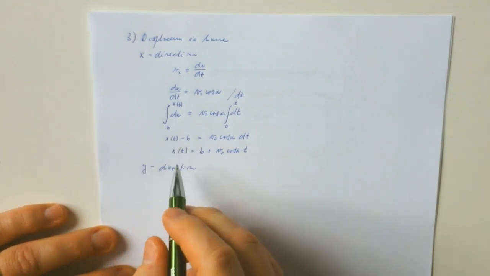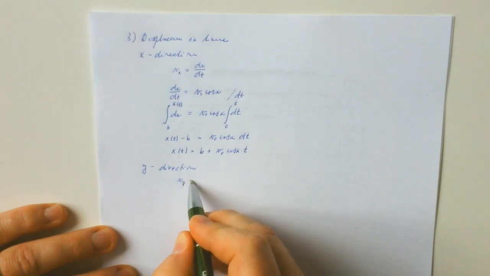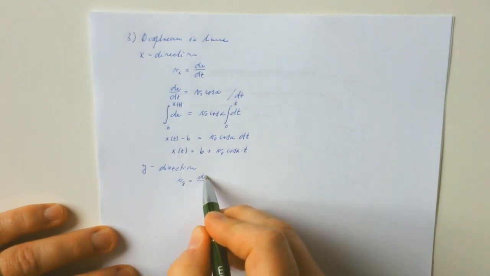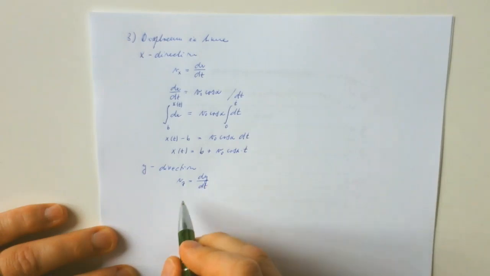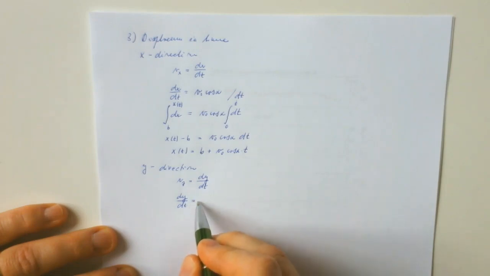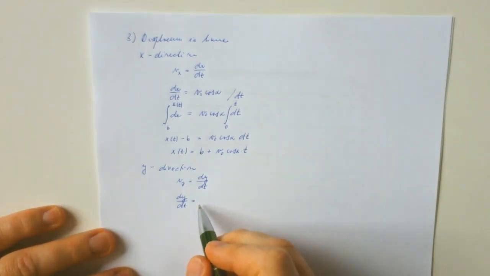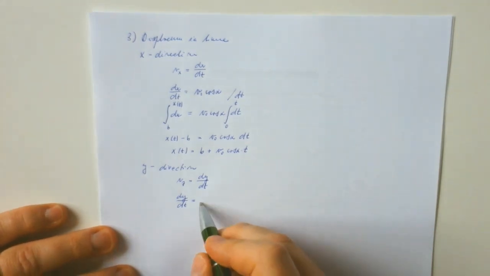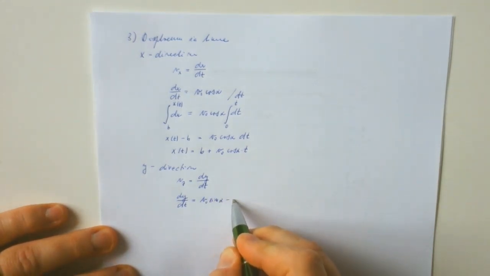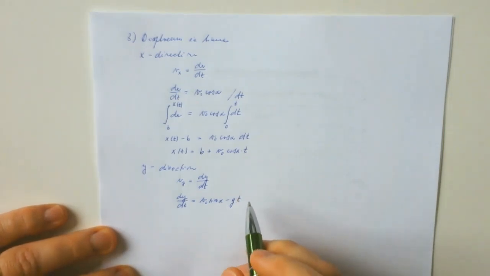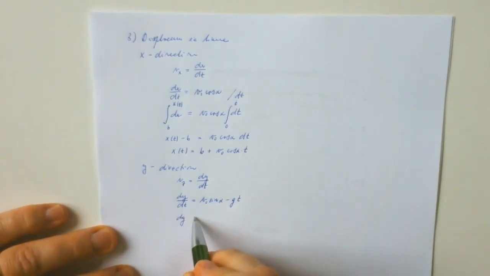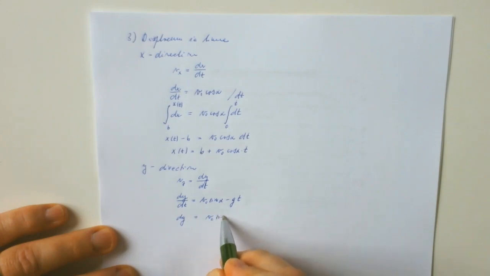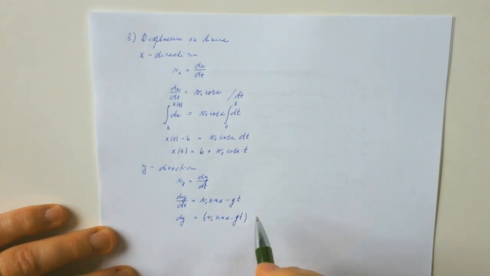Now the y direction. In this solution we use the definition that Vy is dy over dt, and from the previous calculation we know that it is v0 sine alpha minus gt. So we separate variables like this, put it in brackets and multiply by dt.